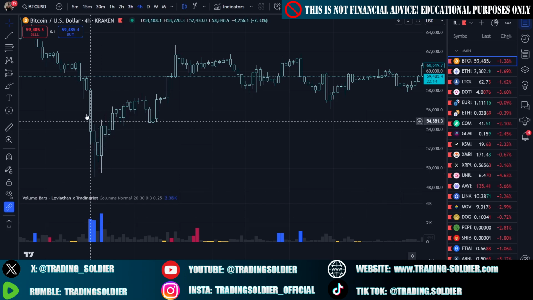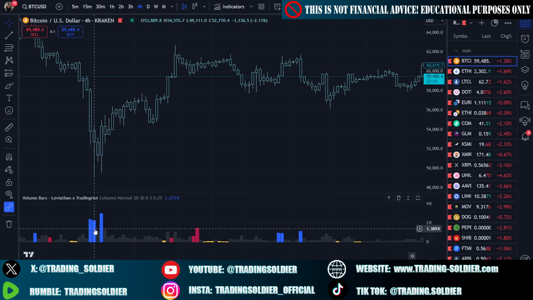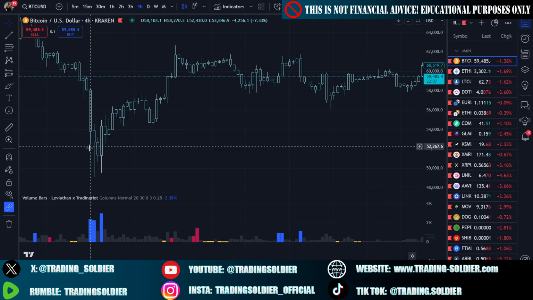If we analyze the price action and the price action coincides with a high volume bar, we can think that the market has found the bottom or the swing low, and then we can open a long trade, or a trade on the opposite side, okay?